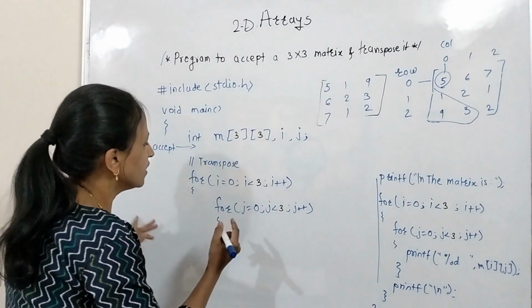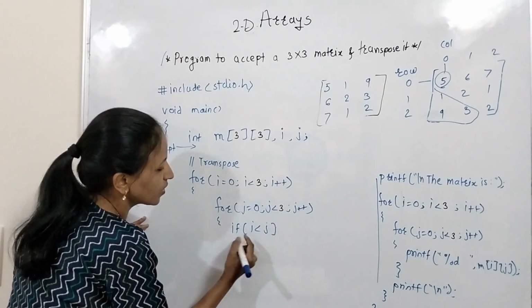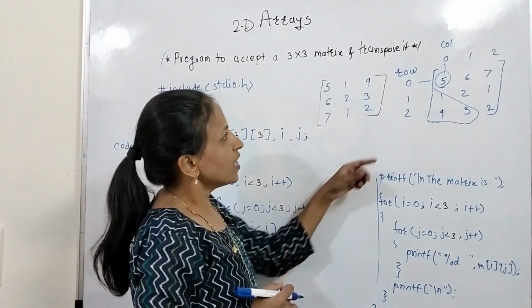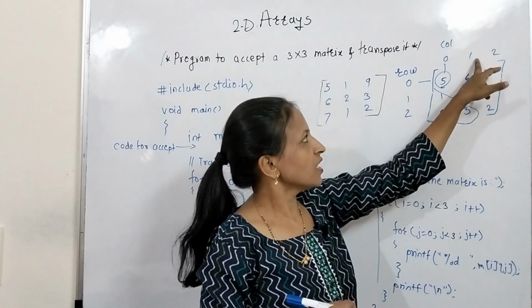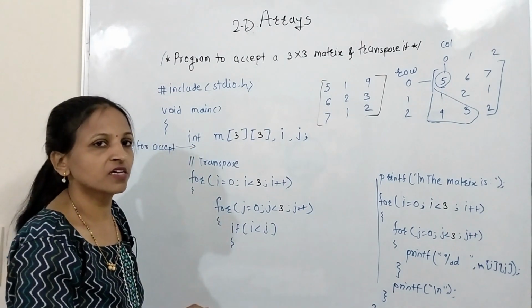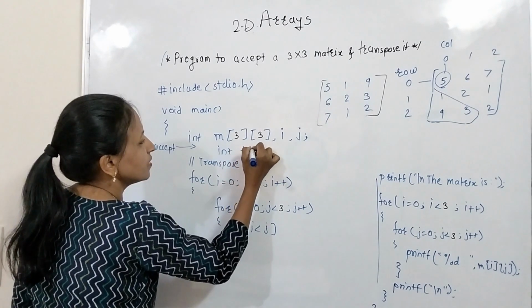See how, here I will write: if i is less than j. If i is less than j, then what should be done here? M of ij should become M of ji. Means we can use the swapping technique, so we will declare one more variable here, int temp.